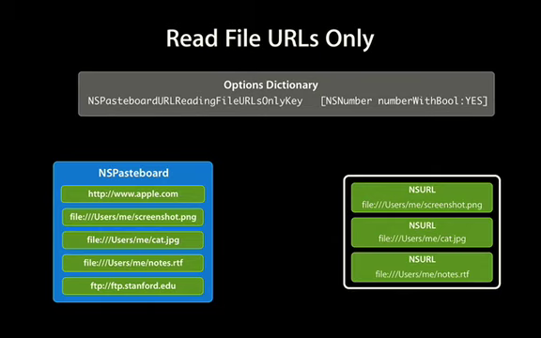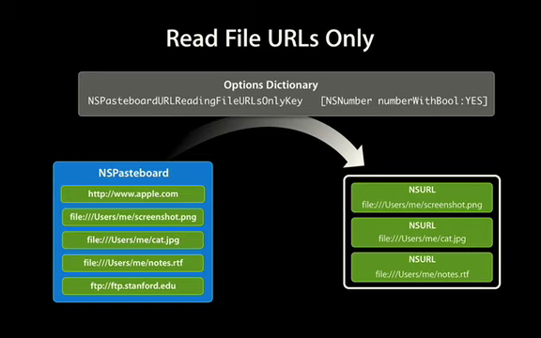They may only want local file URLs. So in this options dictionary, you can say, I'm looking for file URLs only. Have an NSNumber Boolean, say yes. And in this example here, using this options dictionary to read URLs, out of those 5 items with URL data, we end up with only the 3 NSURLs created that are file URLs.